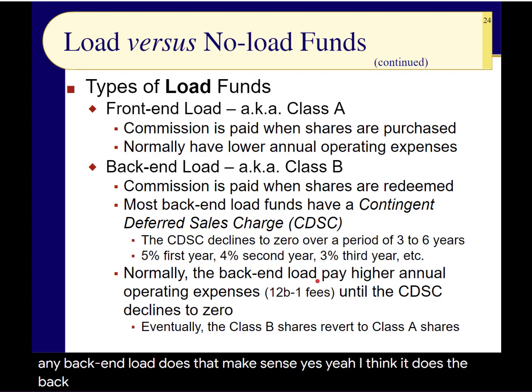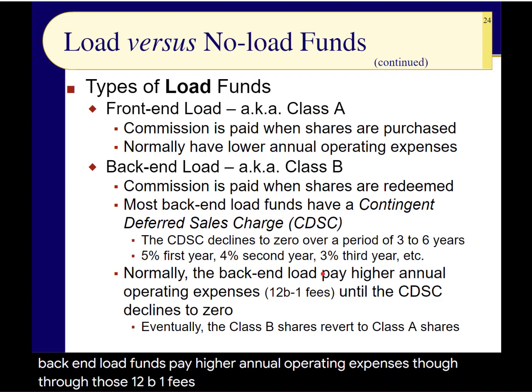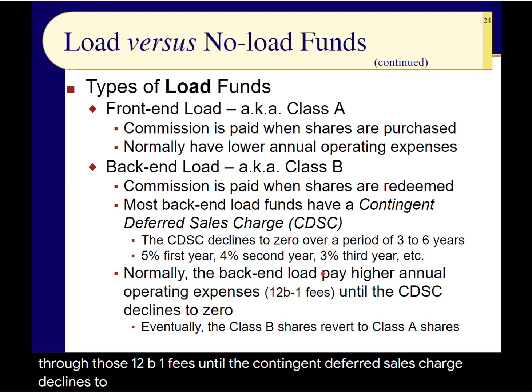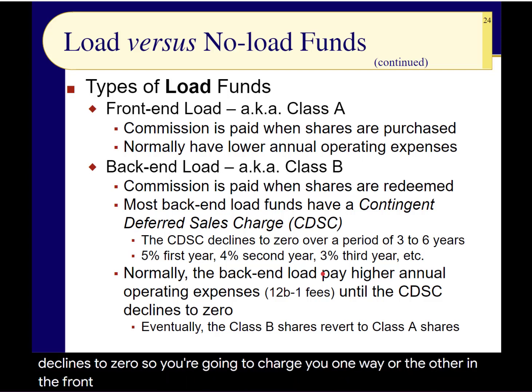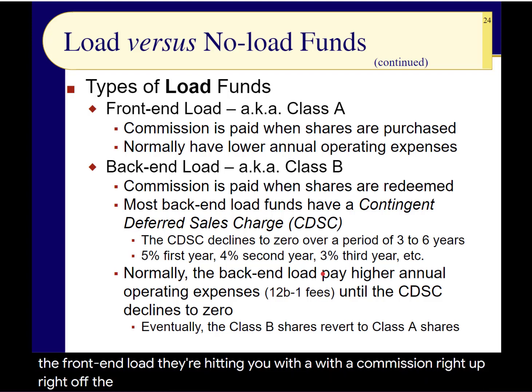Normally, the back-end load funds pay higher annual operating expenses, though, through those 12b-1 fees until the contingent deferred sales charge declines to zero. See, they're going to charge you one way or the other. In the front end load, they're hitting you with a commission right off the front.